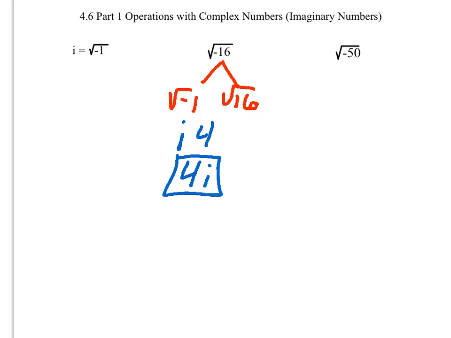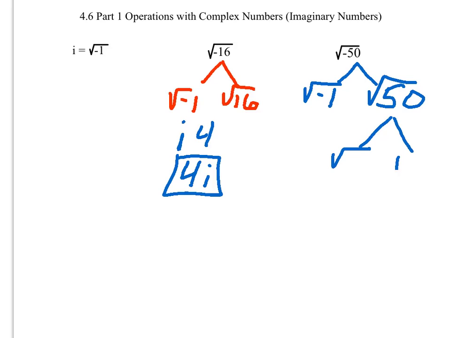So here we have another example, the square root of -50. So first of all, we're just going to break out that square root of -1, i. Now we're going to break off that square root of 50, and that we can take apart a little bit further. There is a perfect square that comes out of that 50. So the square root of 50 we can break down into 25 and 2.